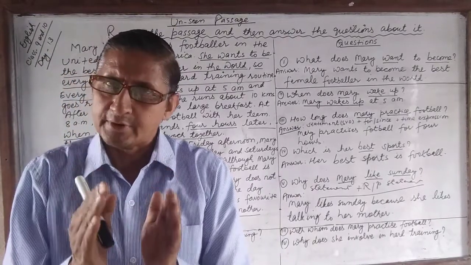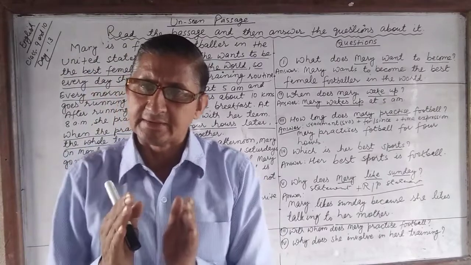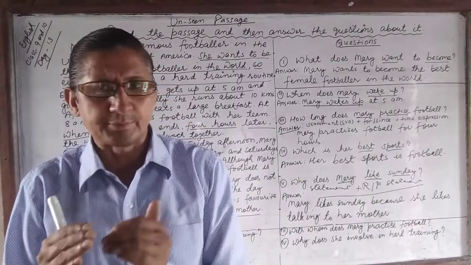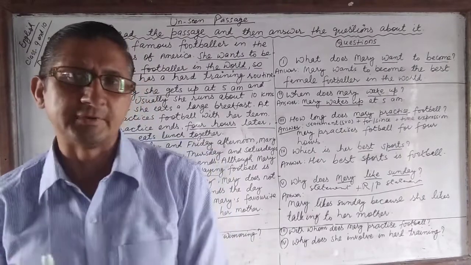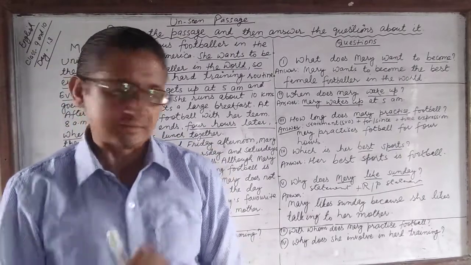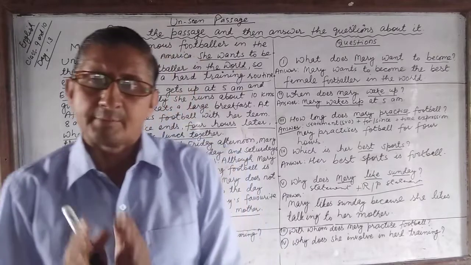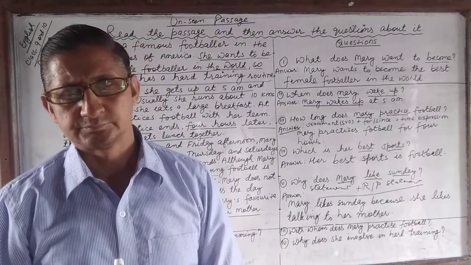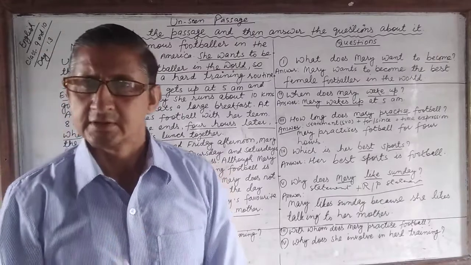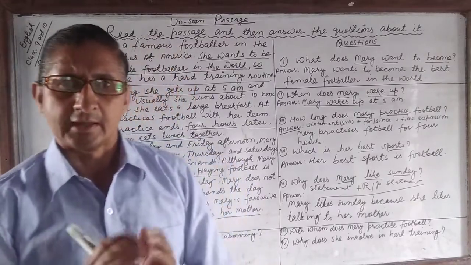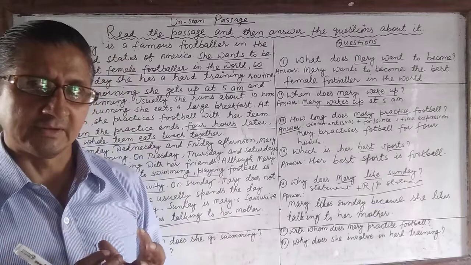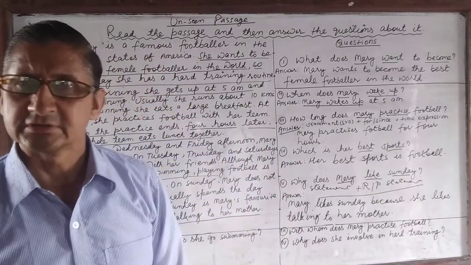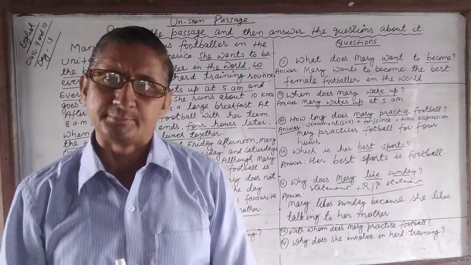The purpose statement can be written as subject plus can or could plus V1. These things I have already discussed in the previous video too. You can watch the previous video and get knowledge of solving short answer questions in a comprehension passage.